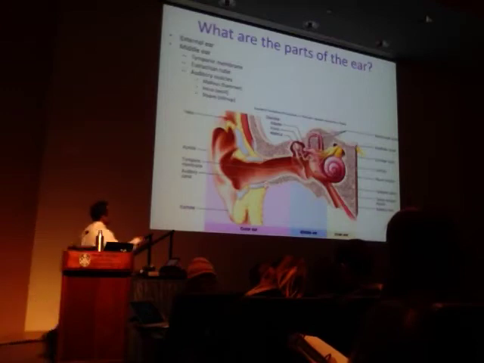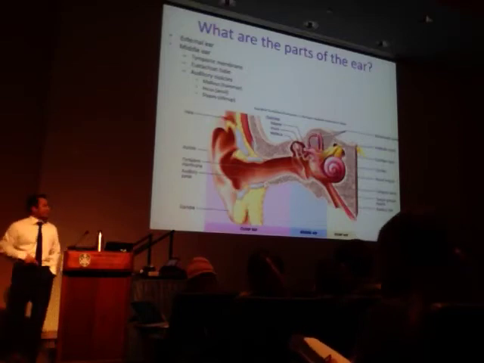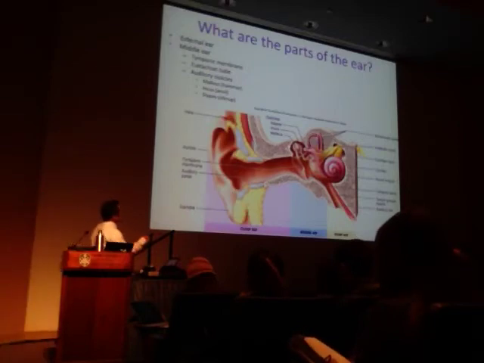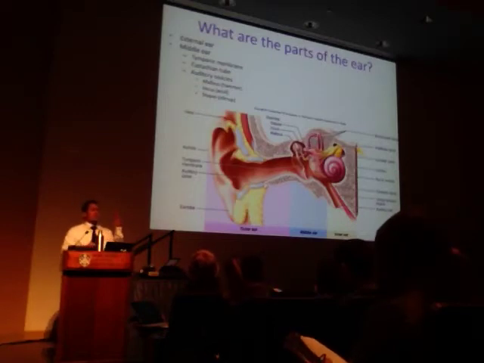Okay? When you get into the middle ear, you see these three bones. These are the three smallest bones in the body. The first one is known as the malleus, then the incus, and the stapes. The stapes is physically connected to the oval window. The oval window is another secondary membrane, like the tympanic membrane.